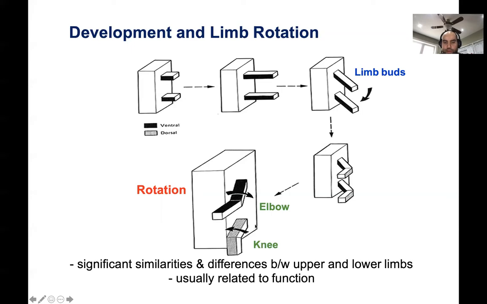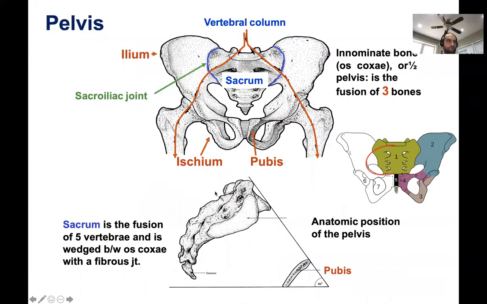The rotation in the lower limb happens in the other direction. Because of this, it puts the knee in a position where it bends posteriorly, it bends backwards, whereas when the elbow bends, it bends anteriorly, it bends forward. Okay. So that's a brief idea of how development occurs to create these limbs of ours. And you can see, based on their origins, they're actually very similar. It's literally that last step of the rotation that creates the difference between the elbow and the knee.